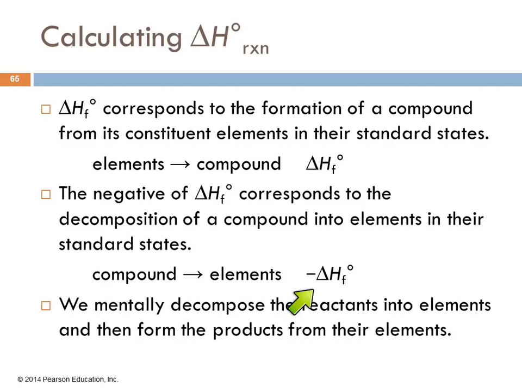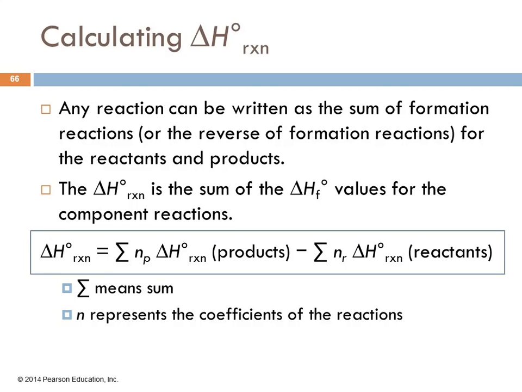And that would be the change in enthalpy for the decomposition of that compound into the elements. And so what we do to calculate heats of reaction is, in our minds, we take the compound, take it apart into its elements, and then mentally put it back together into our product compound. So we can write any reaction as the sum of formation reactions, or the reverse of those, for the reactants and the products.